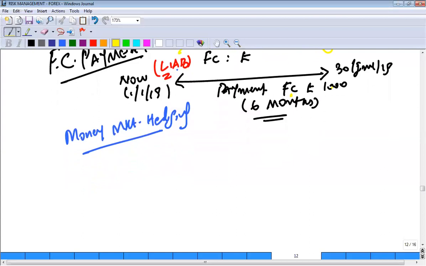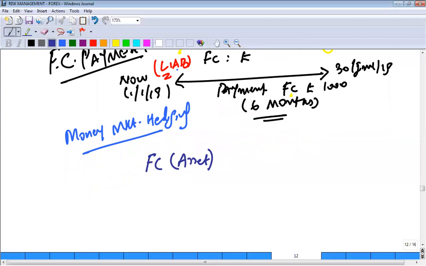So by the matching principle, first step, against the foreign currency liability, create the foreign currency asset.